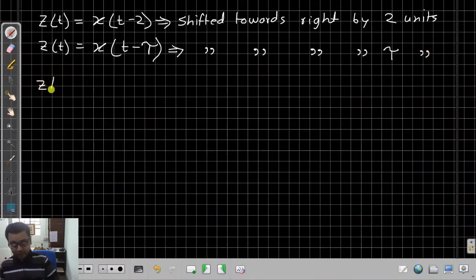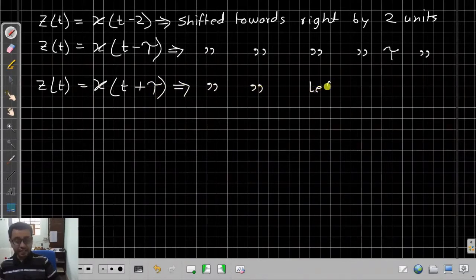Similarly, if you define z(t) equals x(t plus tau), and if tau is a positive number, then that signal will be shifted towards the left, in the opposite direction, by tau units. Please verify these conclusions yourself.